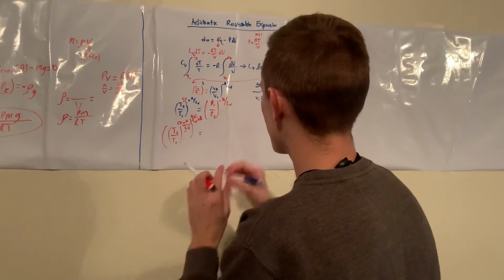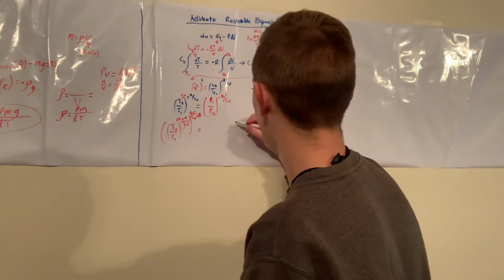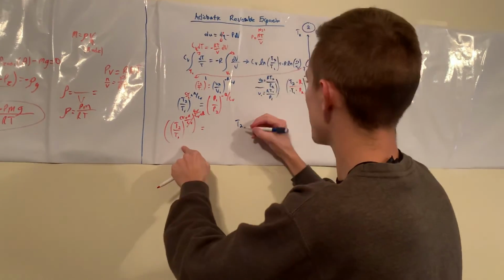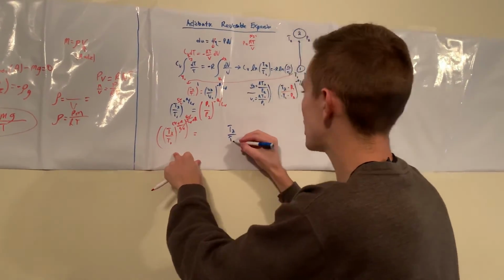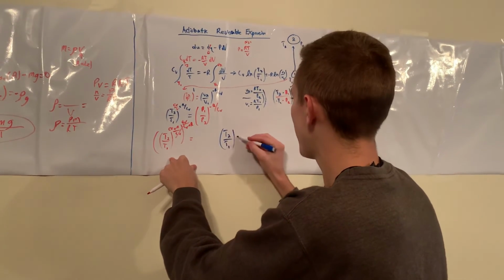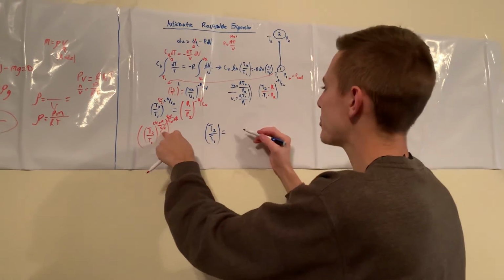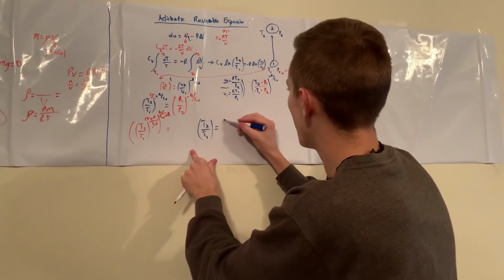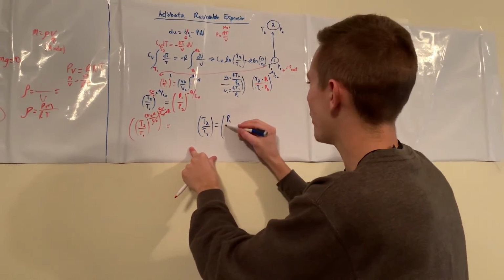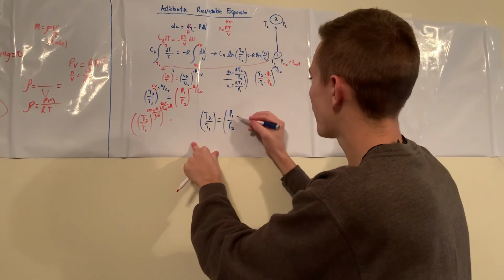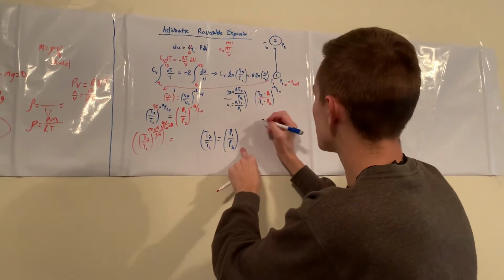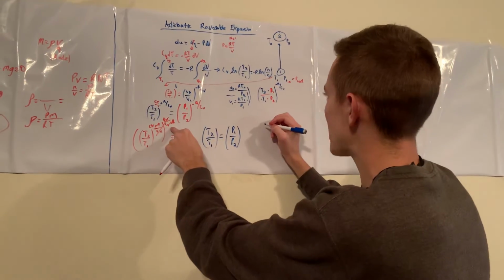So now we are left with temperature 2 over temperature 1 is equal to, now we need to multiply with the reciprocal on this side, we'll just cancel out the exponents, our pressure 1 over pressure 2, and we need to raise it to the same exponent.